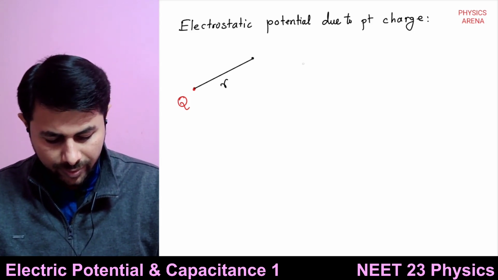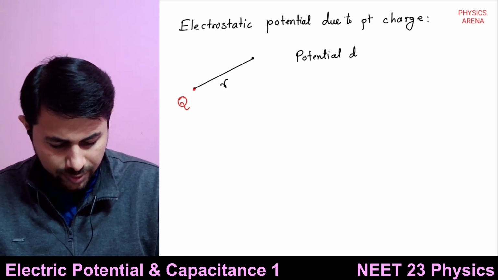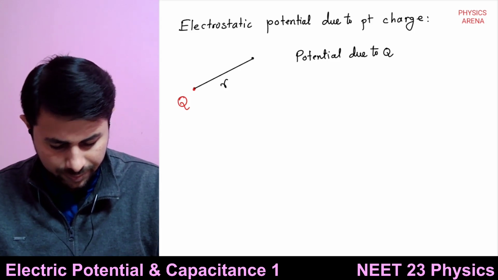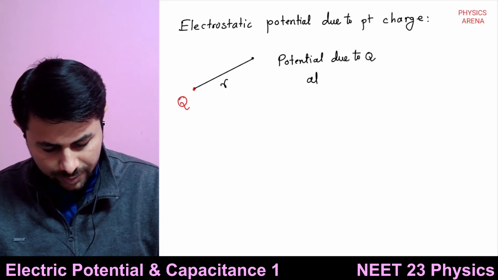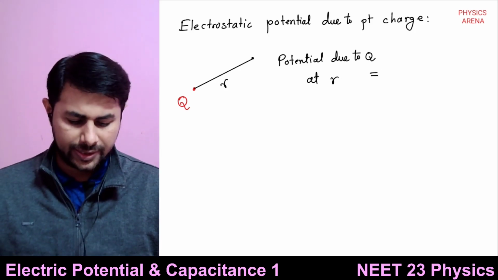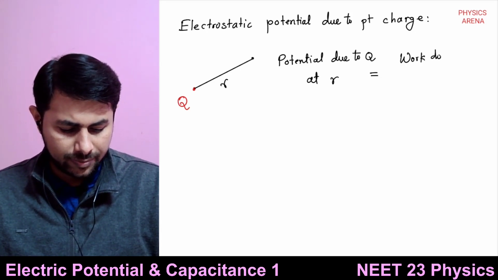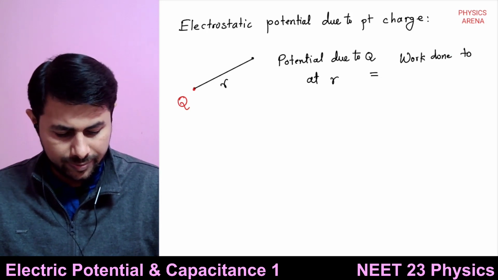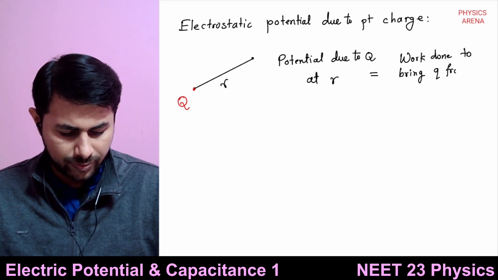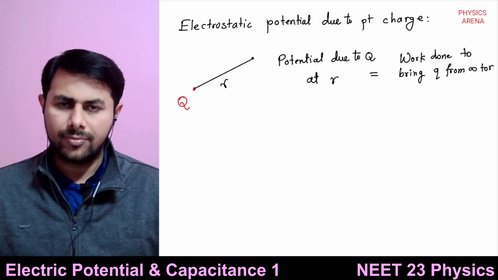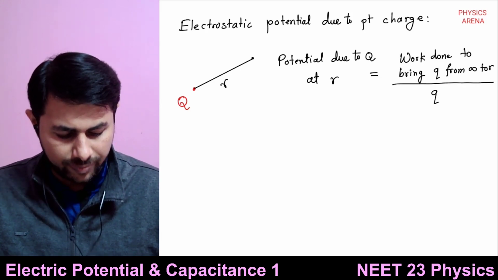Okay, so I will say potential due to Q at distance r away from this charge capital Q is equal to work done to bring small q from infinity to r, divided by the charge small q.